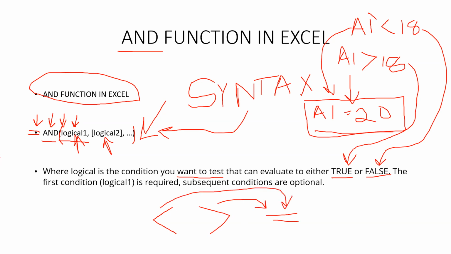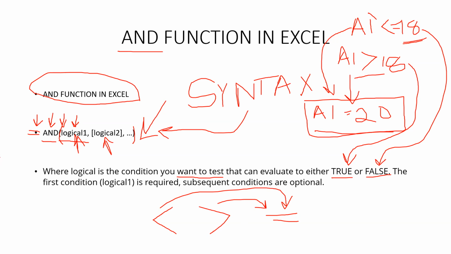When you use a combination, it means even the value that you are using to evaluate is inclusive. If you say A1 is greater than or equal to 18, then you are saying even 18 should be used when doing the evaluation. But if I don't put it like that, then I'm saying just check if A1 is greater than 18. So that is about the AND function.